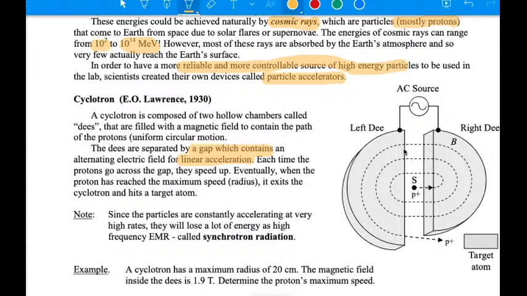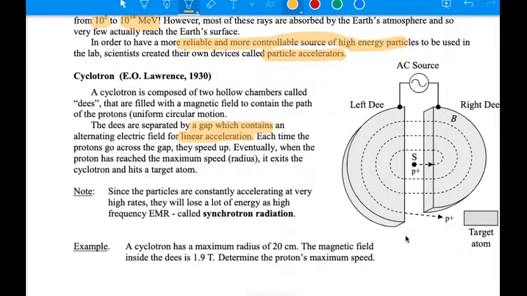So it's speeding up, and with an increase in speed, we have an increase in radius until eventually it exits the particle accelerator with its maximum speed and can hit this target atom with enough energy to overcome the strong nuclear force and separate some of the protons and neutrons for our scientific reasons.